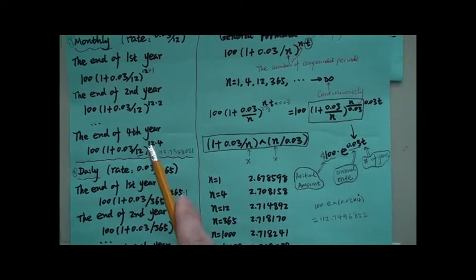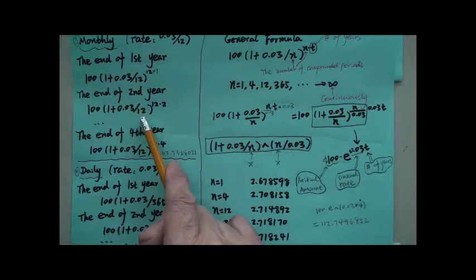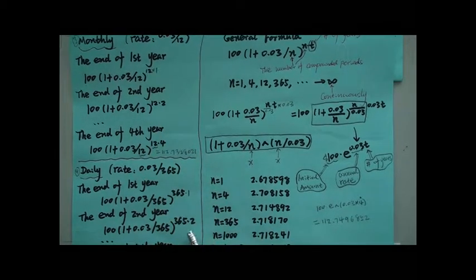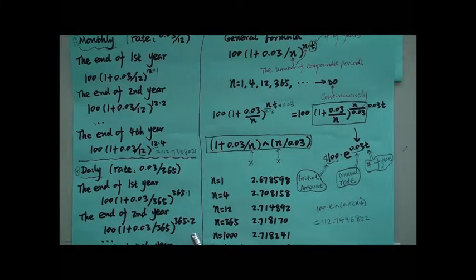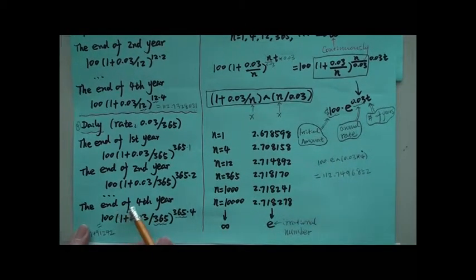Here was 0.03 over 12 to the 12 times 2. So here is 365, 365. Here is times 2. Now you can see the end of the fourth year. Here will be from 2 to 4.